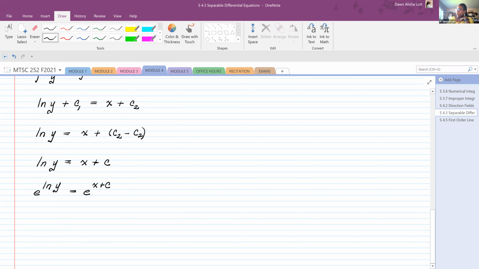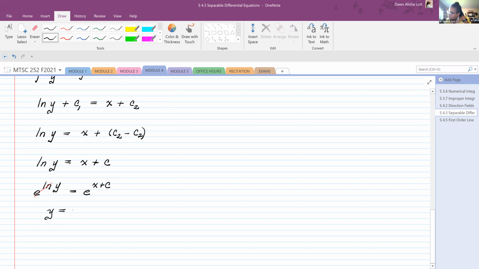Both of them are in the exponent. Let me draw a little line just so you can see. e to the log of y, they're inverse functions, so this is just going to give me y.